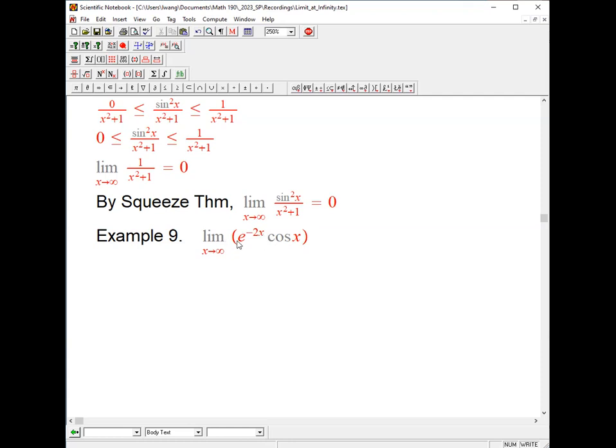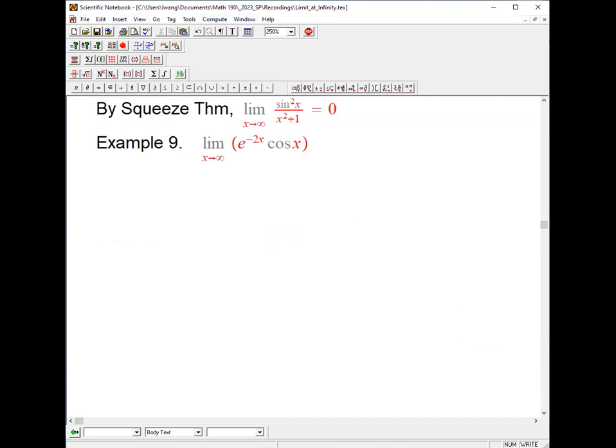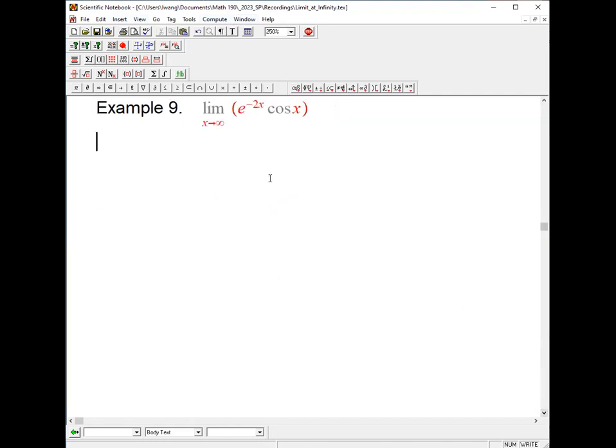We could actually use the squeeze theorem again, because we know e to the power negative 2x is always positive. One fact we like to point out is that e to the power of anything is always positive, no matter what.